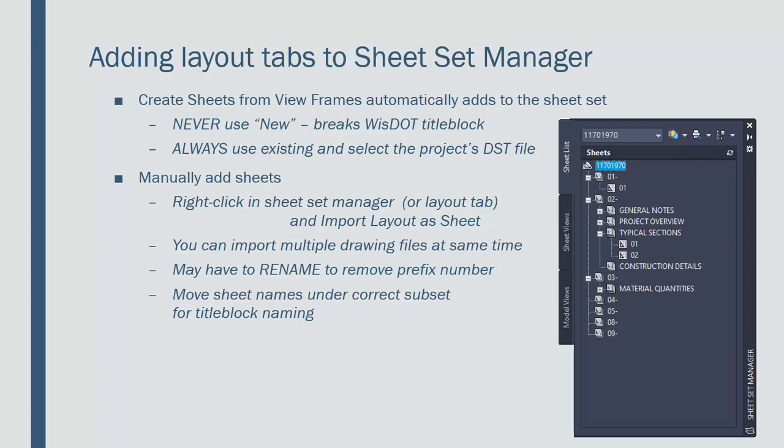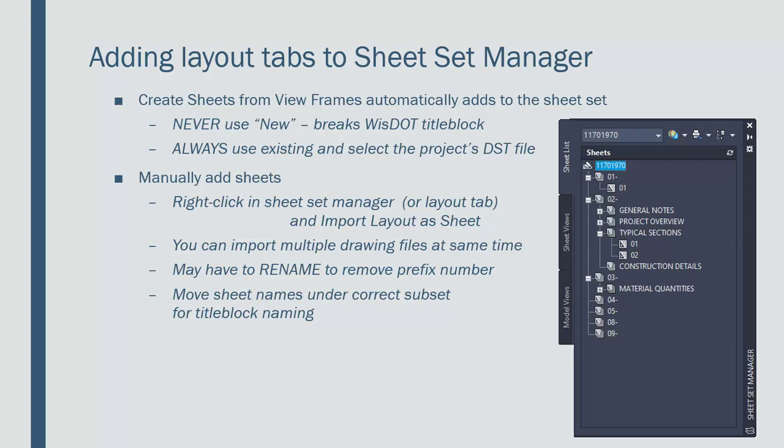You will probably need to rename to remove the prefix number. Notice in my screenshot there under typical sections, I have an 01 and 02. A lot of times it'll come in with a 1-01 and a 1-02 or some kind of prefix there. The rename tool is very easy to use, and you can wipe out that prefix as you add that information in. The other thing that's pretty likely is that the sheet set will have these in the wrong area, especially if it's automatically added.